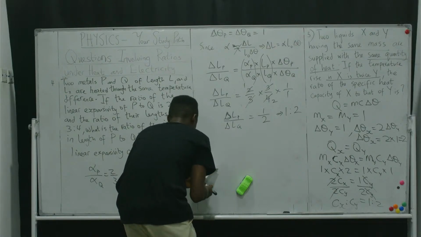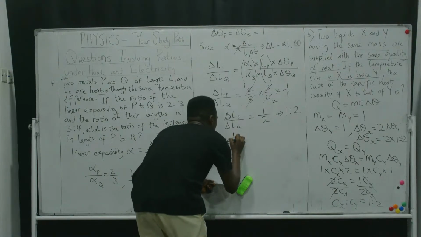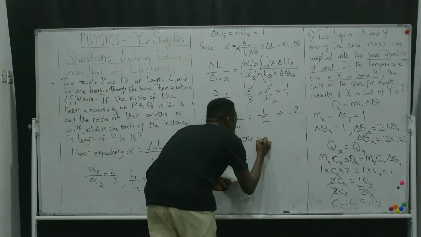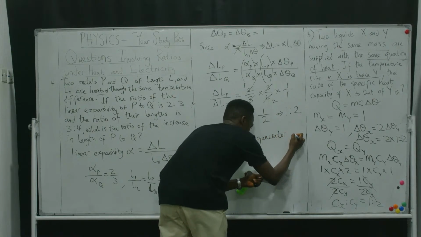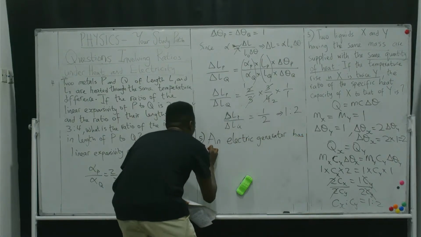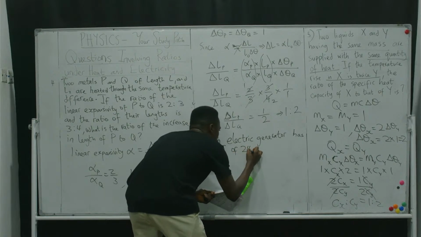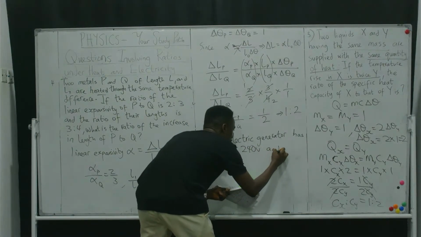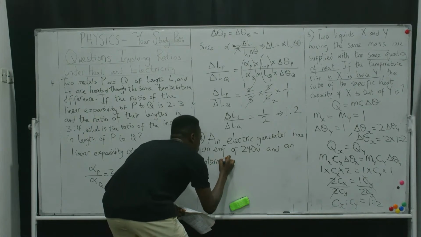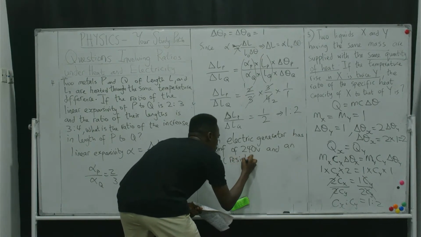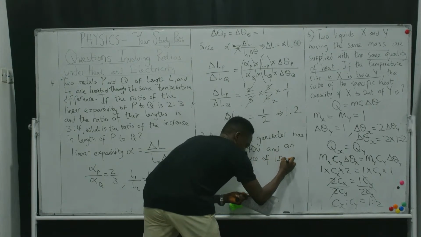This one says under electricity, an electric generator has an EMF of 240 volts and an internal resistance of 1 ohm.